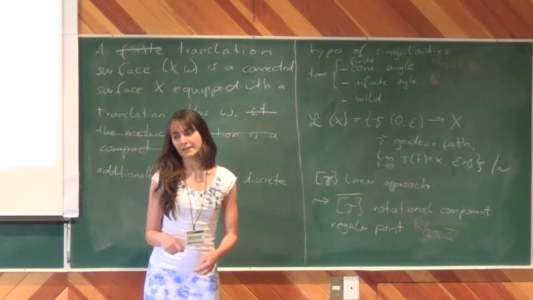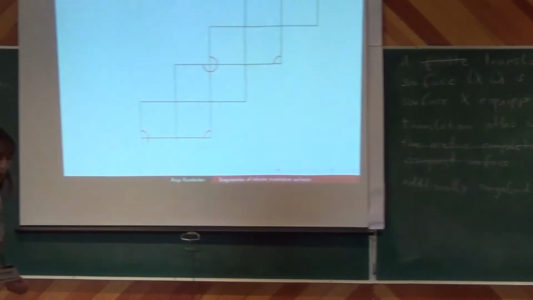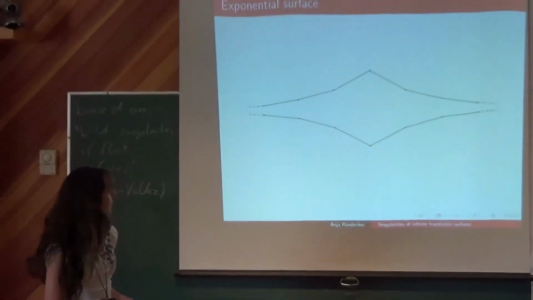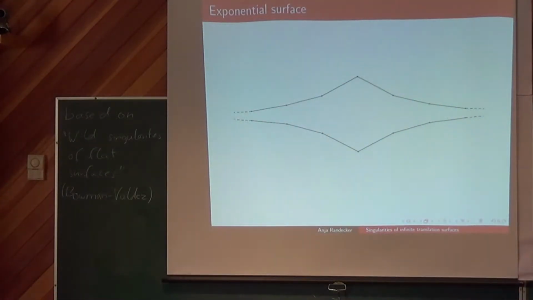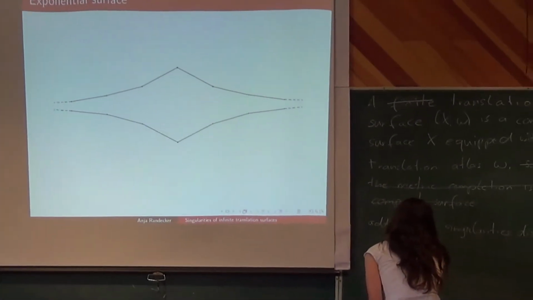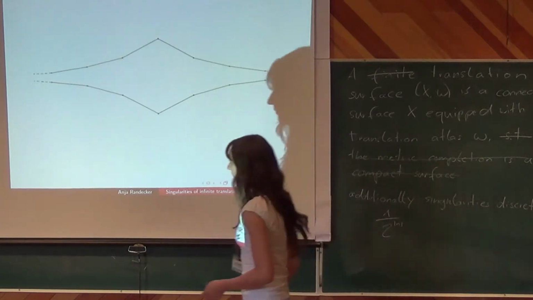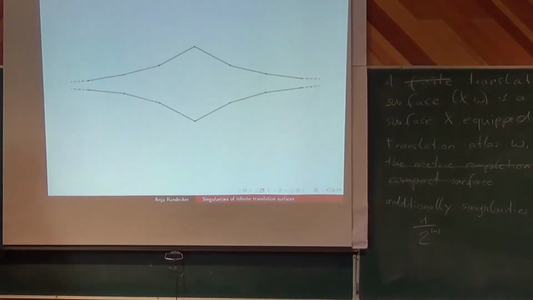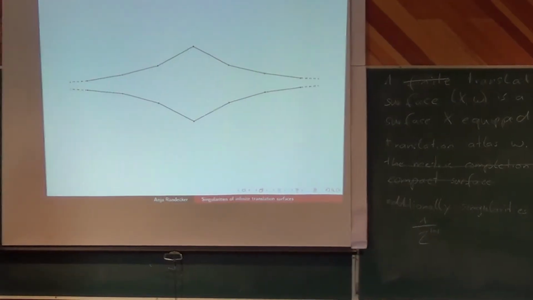But what happens with wild singularities? That's the really interesting case where we could learn something new. So let's start with one example. This is a surface where we take 2 over minus 1 over 2 to the m, and we take the convex hull, and we have parallel sides of equal length, and we can identify them.